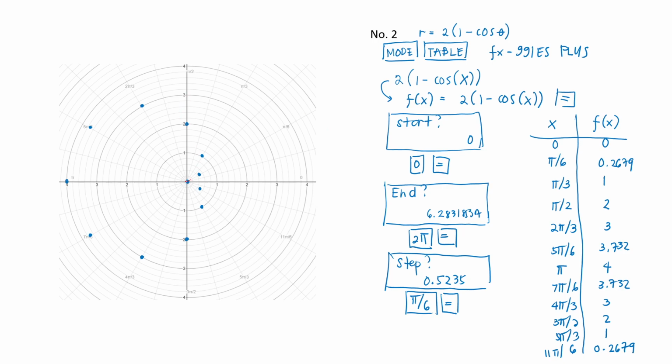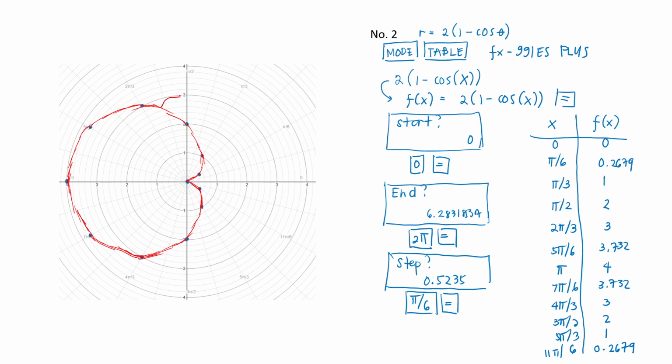So starting from 0, and the next point is 30 degrees, then 60, then 90, then going towards the next points.